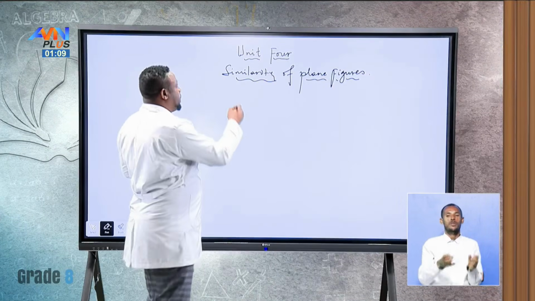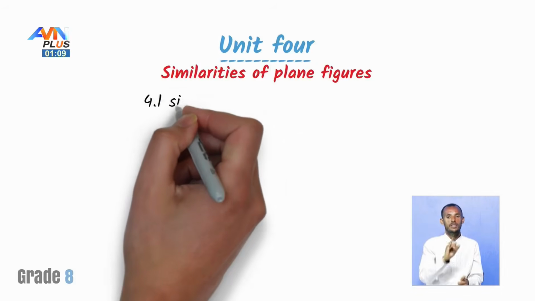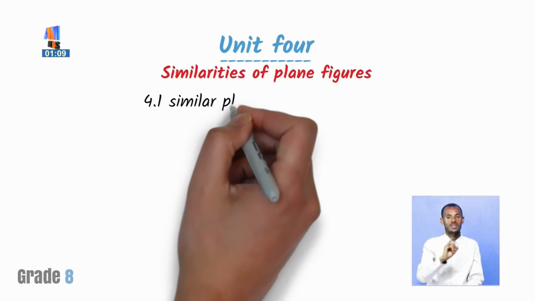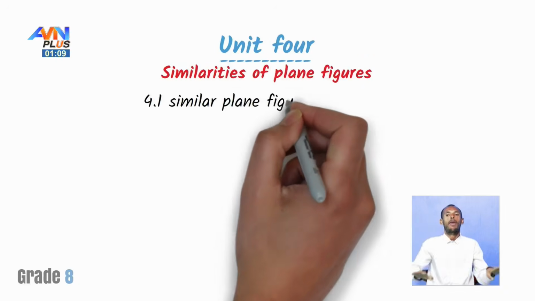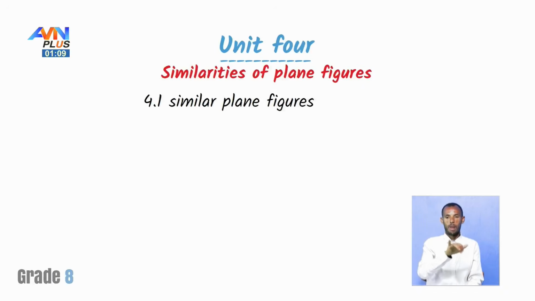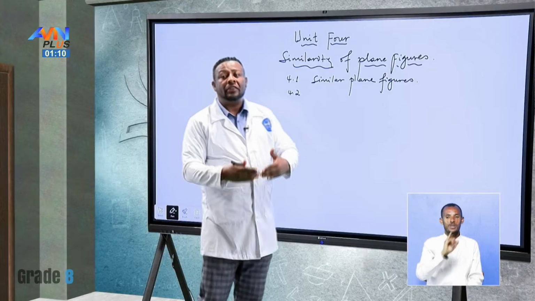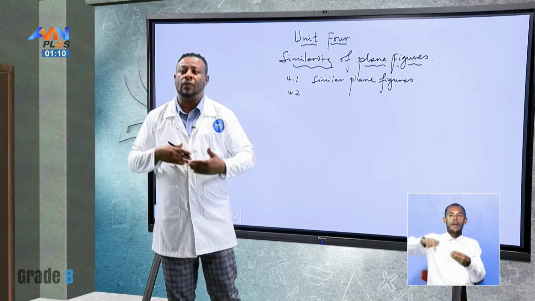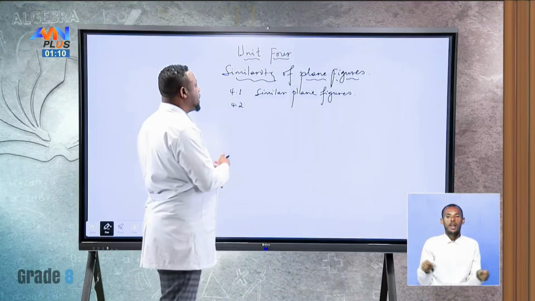The first one is 4.1, similar plane figures, and 4.2 is perimeter and areas of similar triangles.